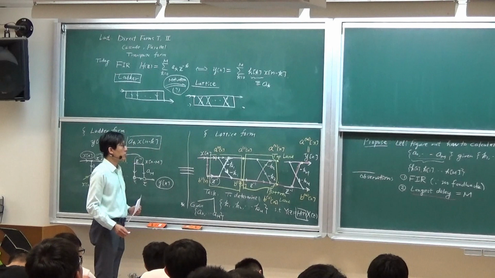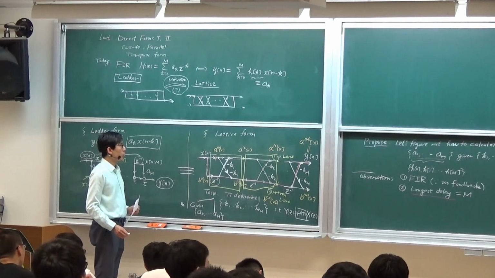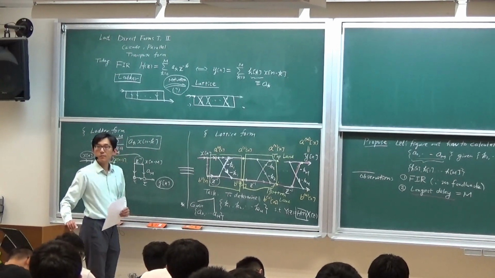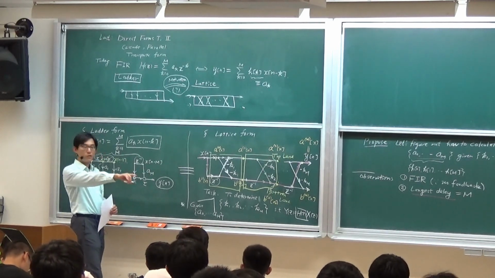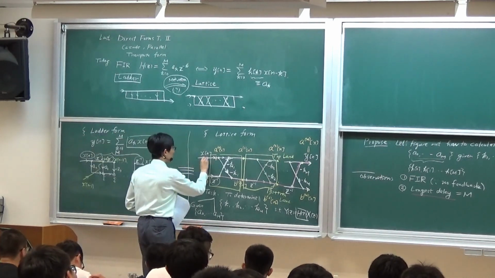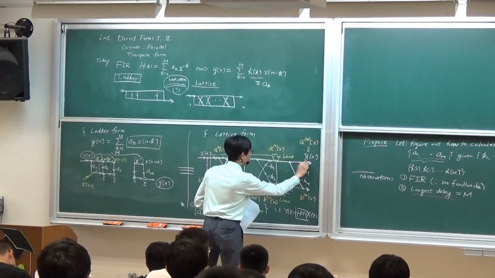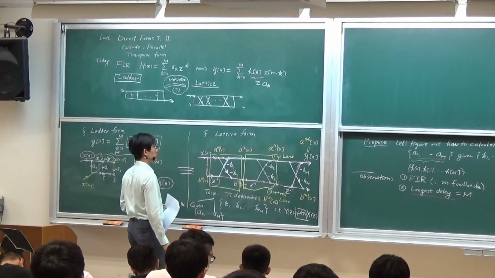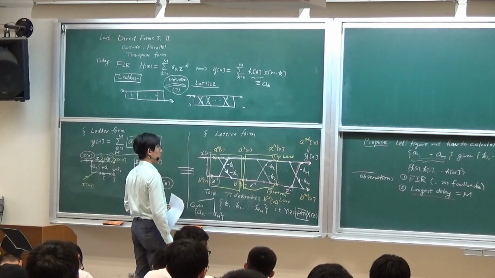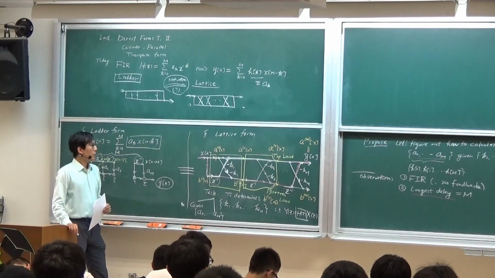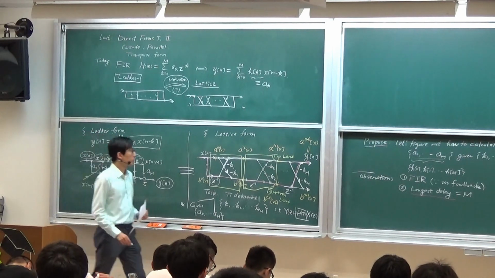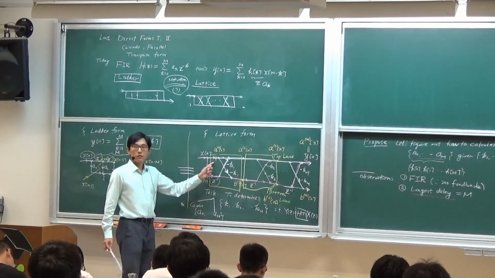So that's two observations. Now, which path has the shortest delay? The shortest delay is all the way staying on top, right? So this path here has the shortest delay. It should be pretty clear. And no other path has no delay.